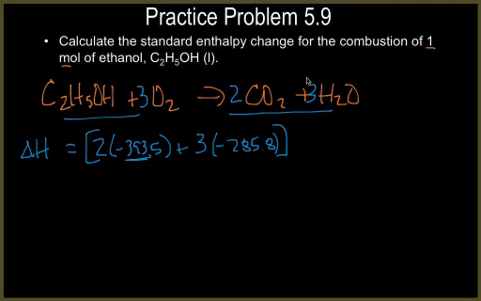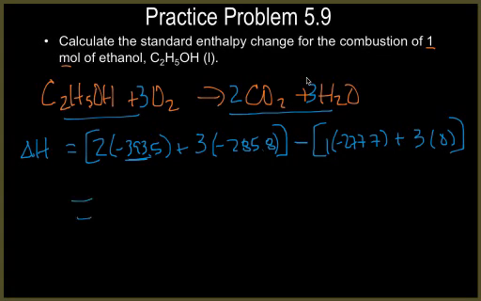So those are my products minus reactants. So I have 1 times negative 277.7 plus 3 times 0. Okay, when I add all that up, my overall delta H is negative 1,367 kilojoules.